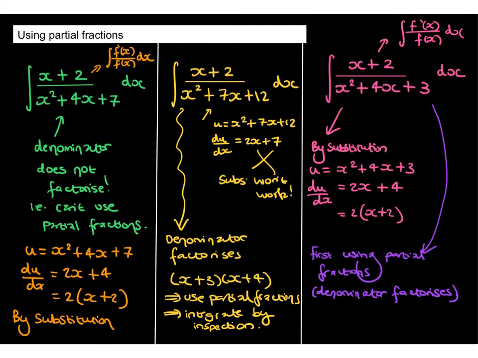Now, it's actually integration by substitution that would be much quicker as an integration process, because if you apply the partial fractions, you've then got to run that process and then do the integration afterwards. So if you can integrate by substitution or by inspection, do that first of all. It's a much more efficient process.